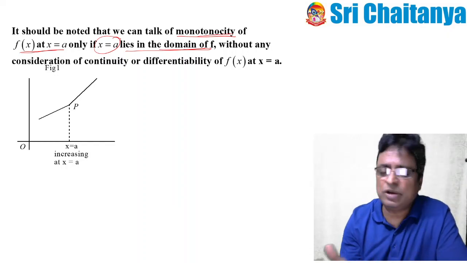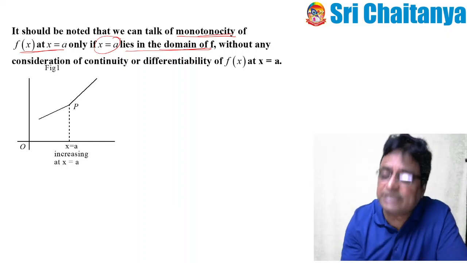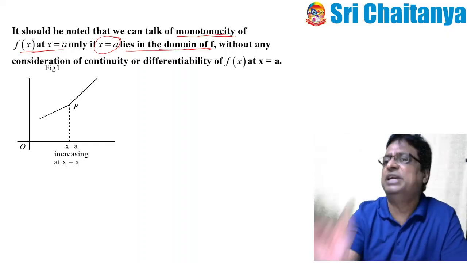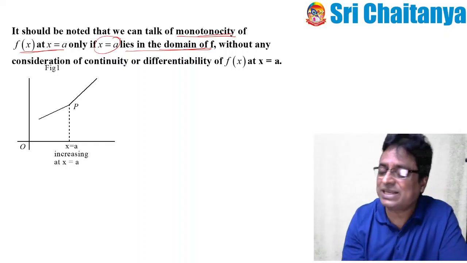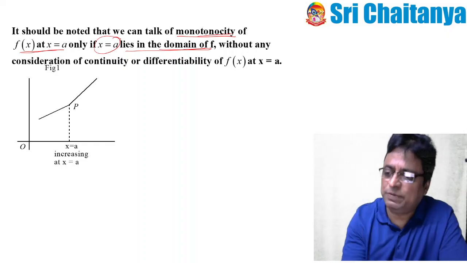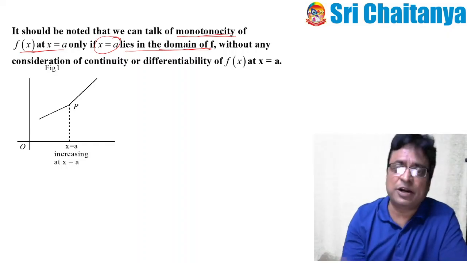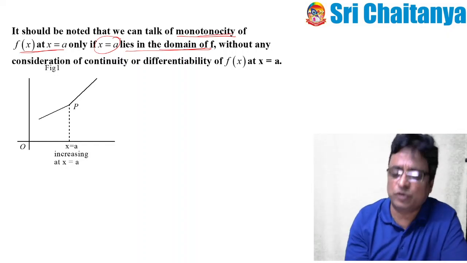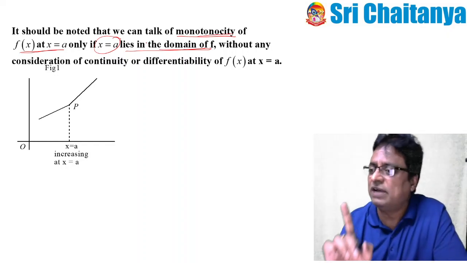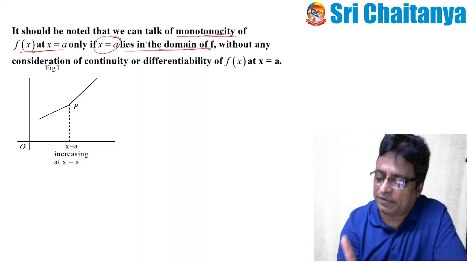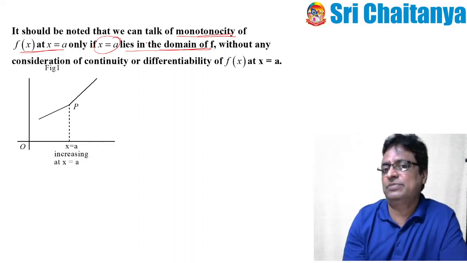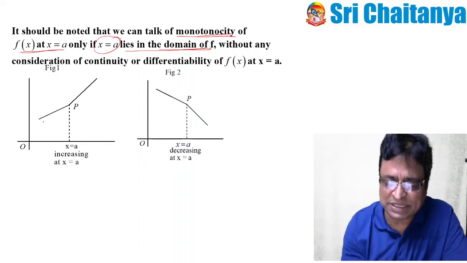But there is no necessity that at that point the function should be continuous or differentiable. Not necessary. But the point should be in the domain of the function. You already know the continuity and differentiability of a function at a particular point. So this is the costliest point while finding whether your function is monotonic at a particular point or not.